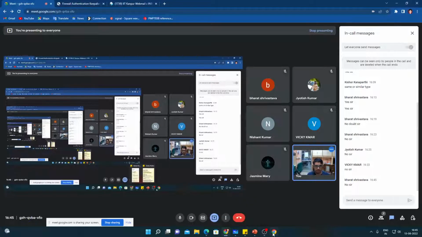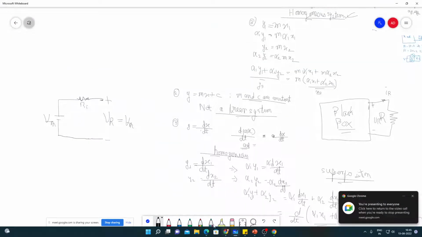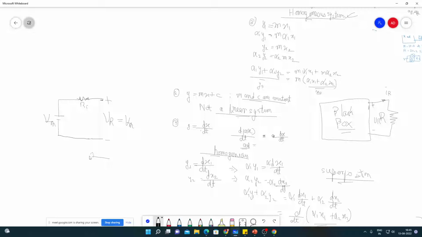Okay. And how do we find the R Thevenin? To find the R Thevenin, the load resistance is removed and this will be open. Just short the V Thevenin, or any voltage sources that are present in the black box.